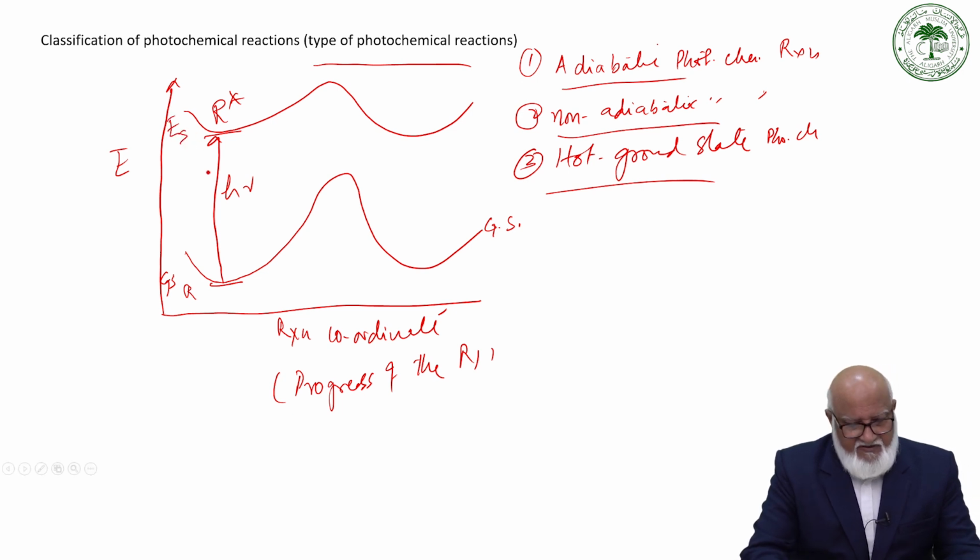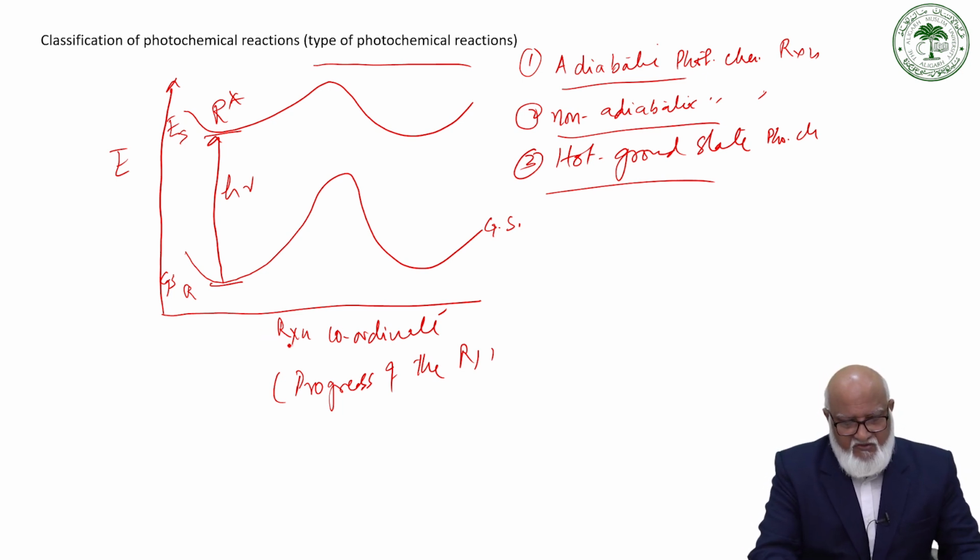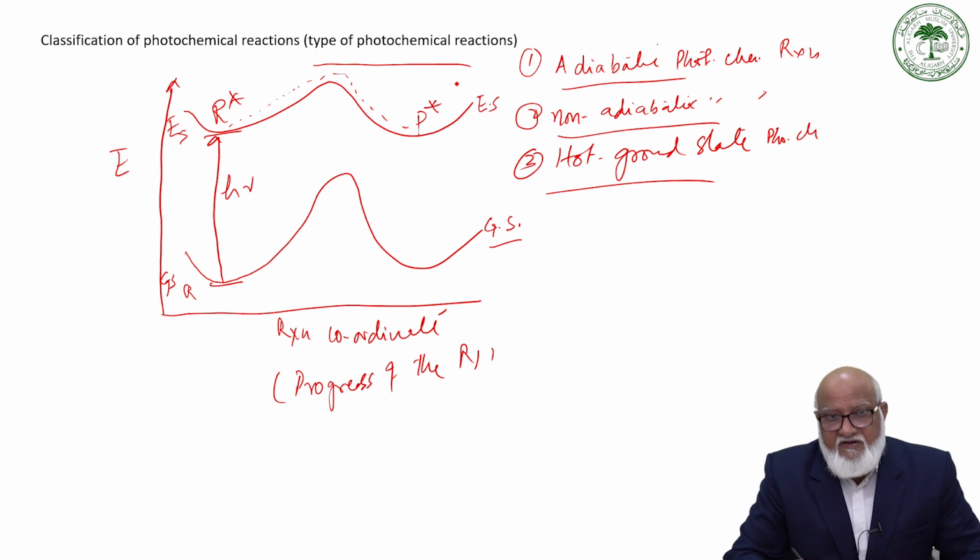Now this excited state reactant proceeds all the way on the excited state curve, and goes to the product, so it is transformed to the product in the excited state.